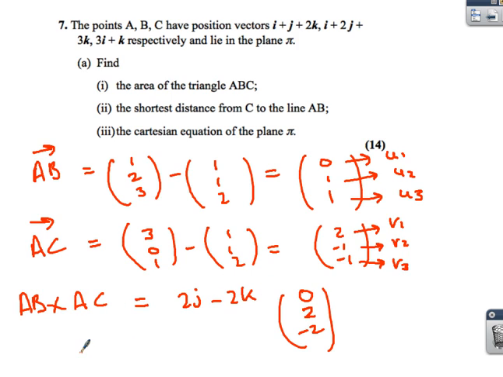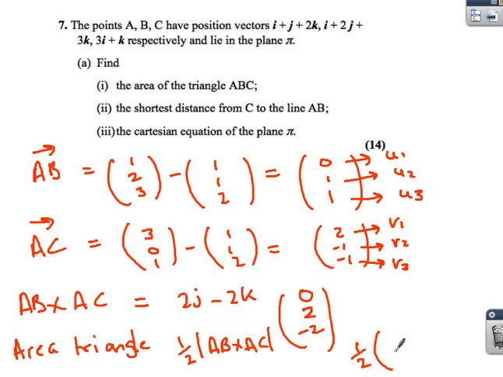And then the last thing that we need to do is use the formula for the area of a triangle. So the area of a triangle is just going to be the absolute value of the cross product, and then times by a half. Okay, so this is the formula that we're going to use. Now the absolute value of this is basically going to be a half, and then we're going to do 2 squared plus negative 2 squared, and then square root all of that.